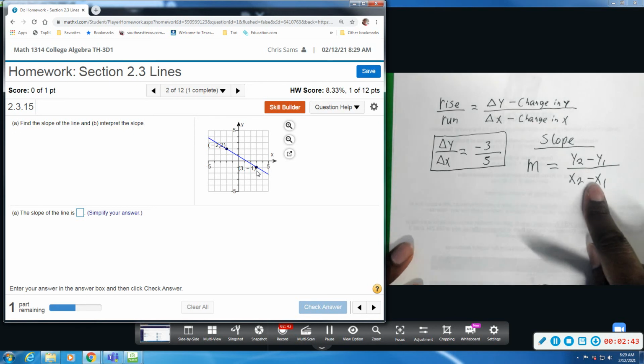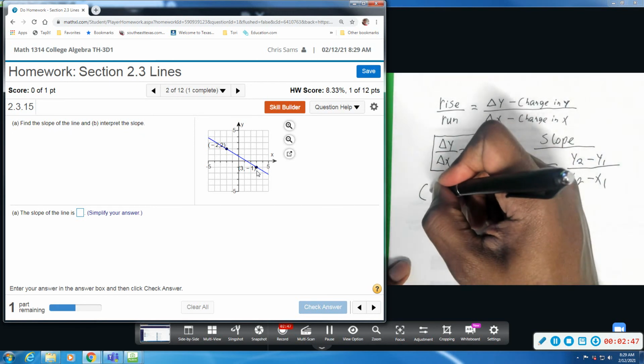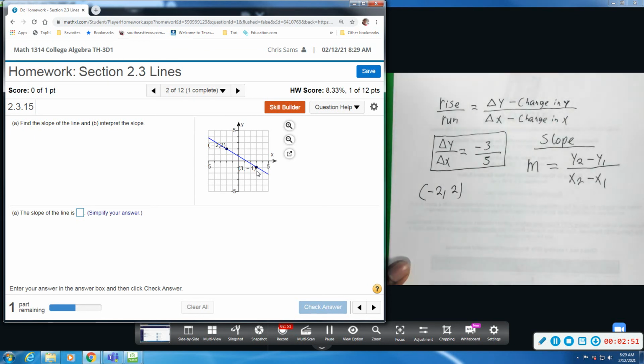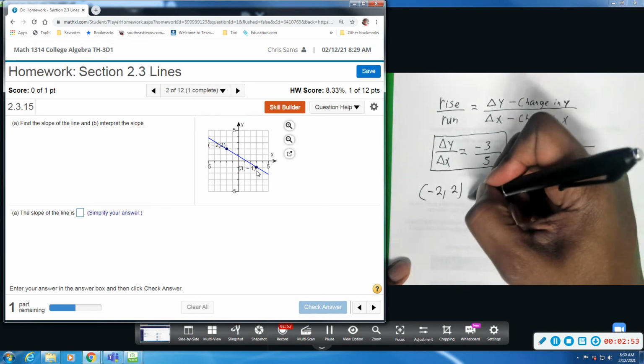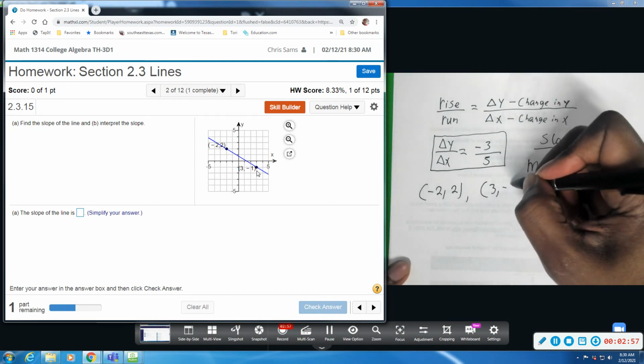So you have 2 ordered pairs. We're going to label them. That is -2, 2, and the other point was 3, -1.